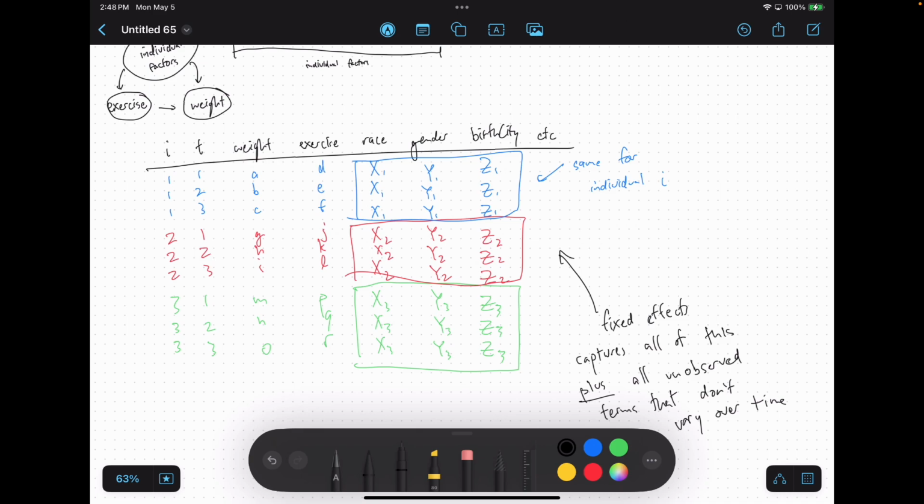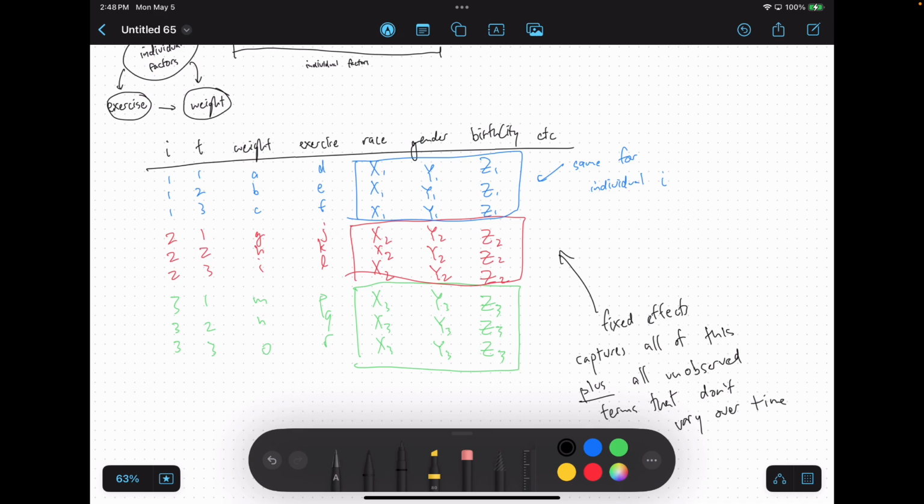Okay, so you can imagine that if I just include a dummy variable for each individual, that dummy variable would capture all of the variation between groups that don't change over time, right?